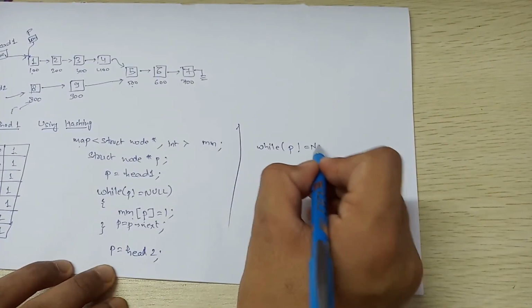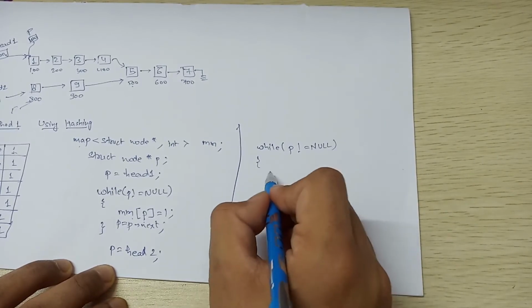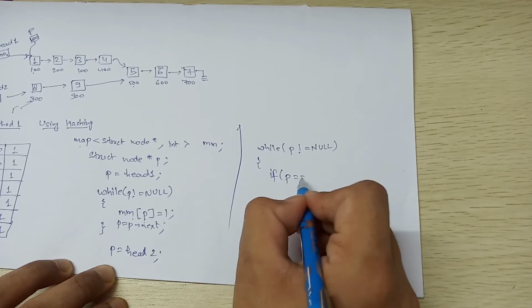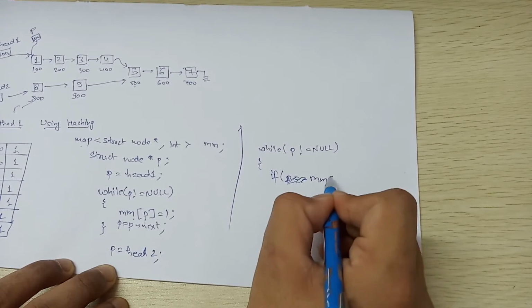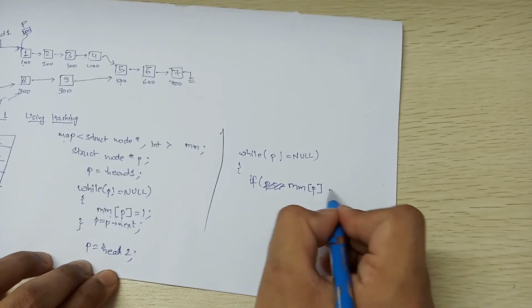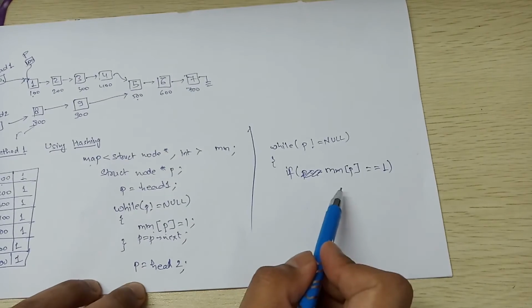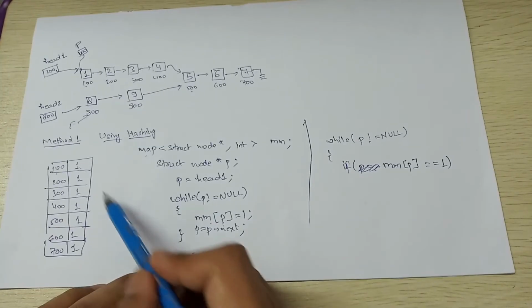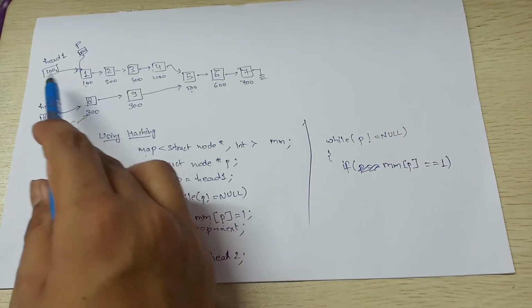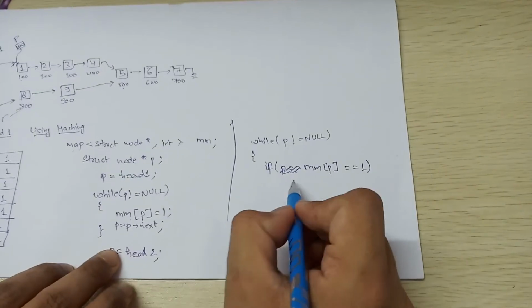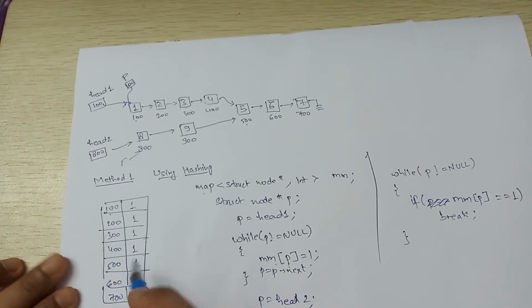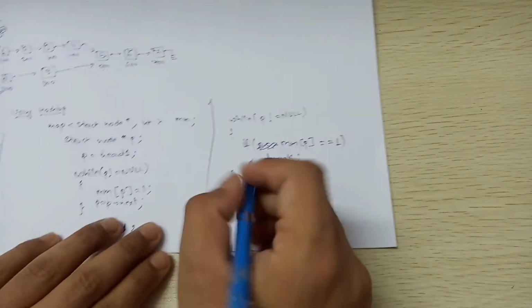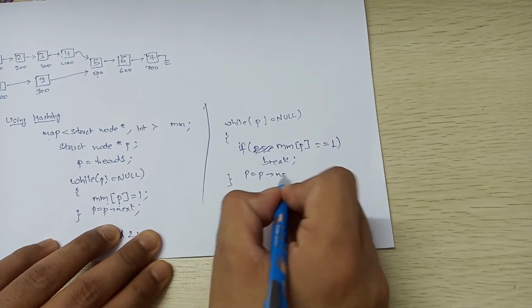While p is not equal to null, we also have to check if the value of the node's address in the hash map is 1, meaning we have already traversed it through head 1. If so, it will break the loop. Once it finds a node already present in the hash map, it breaks the loop. Also we say p is equal to p next for traversing.